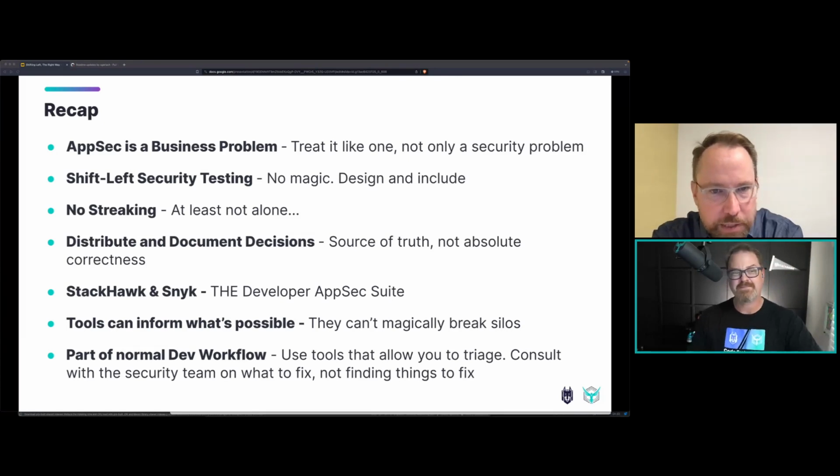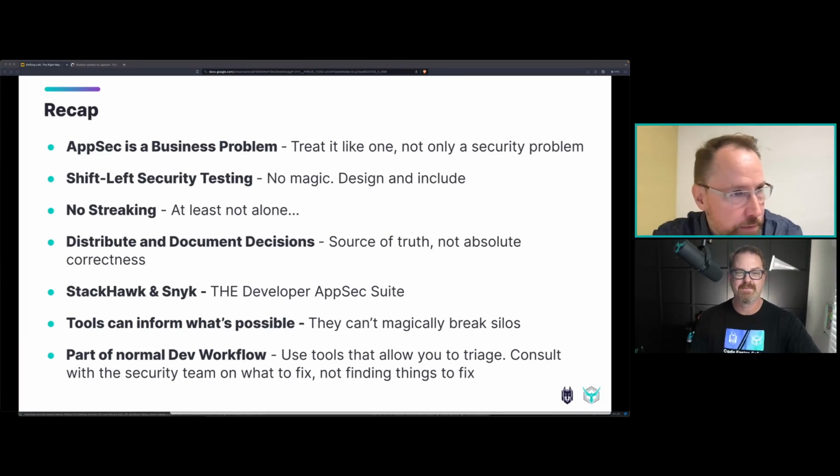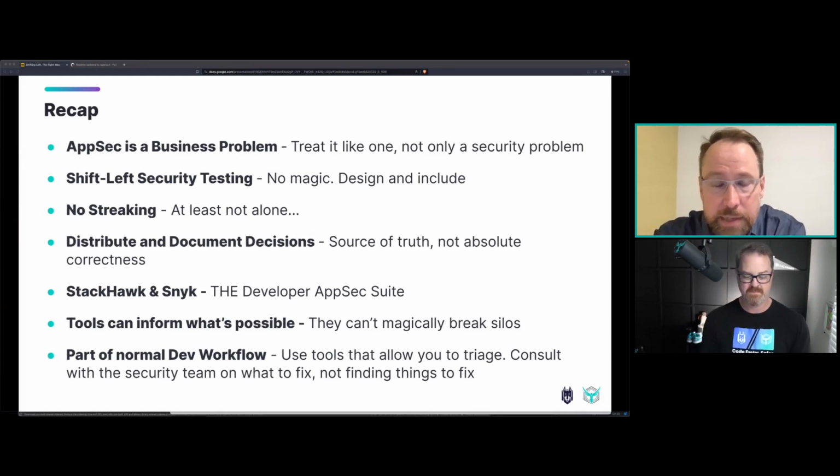What else? Yeah, I think making sure you've got this all documented, to the point of us being here together too, right? Oftentimes it's going to take more than one tool. There's loads of ways to check an application, loads of things to check in an application, and it's going to take more than one tool. And that needs to be part of this decision-making process too. One of the great things, biased as we are about our companies, is that we work together very well.